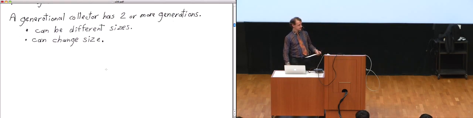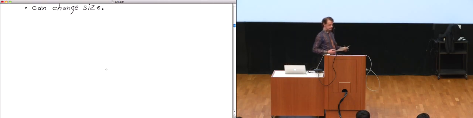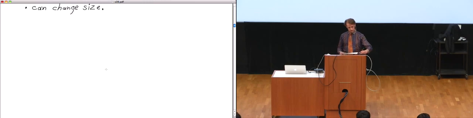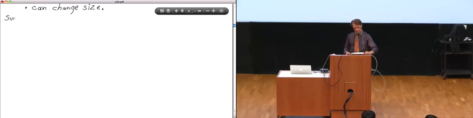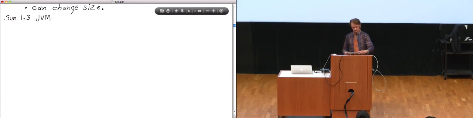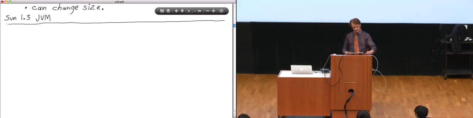And so I'm going to talk specifically about how Sun did the version 1.3 JVM. I'm not sure how much they've changed it since then, but it's a really good case study regardless, so it's a nice way to do things.